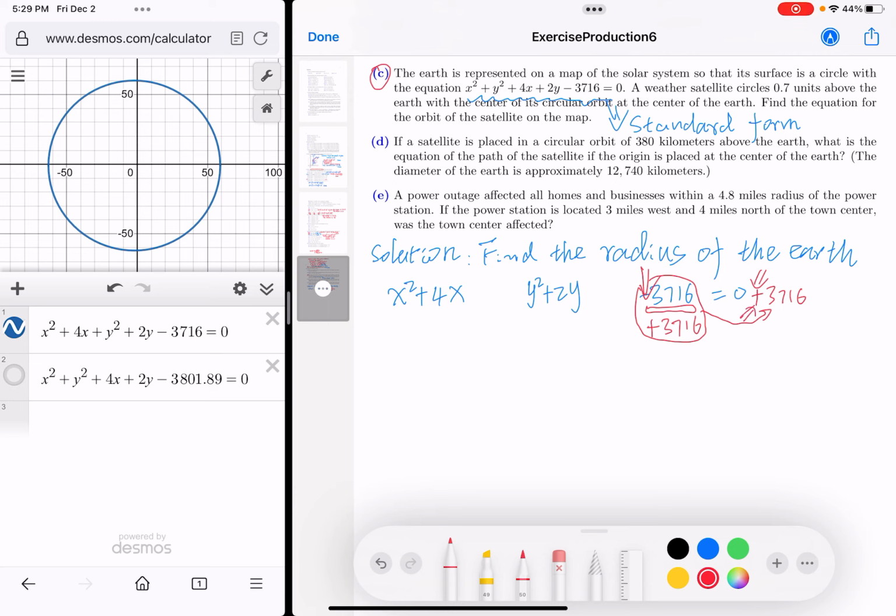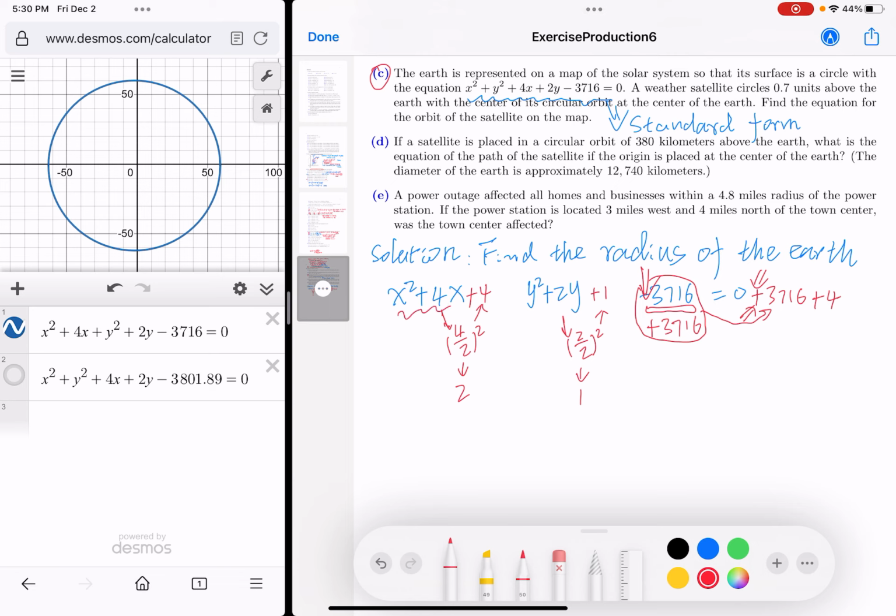Okay. Now, how to make a complete square? We know what we need to do is 4 divided by 2, you have a 2. And then 2 squared is 4. So you need a 4 here to get a complete square. Then you also need to add 4 on this side. Similarly, 2 divided by 2, you get 1, and then you square this number, you have 1 squared, which is 1.